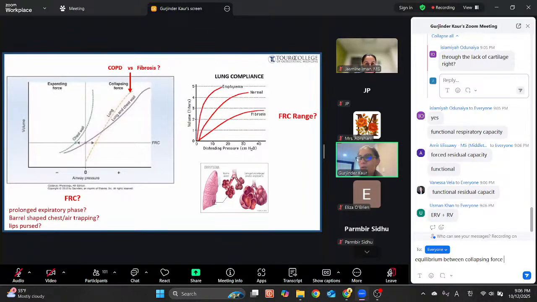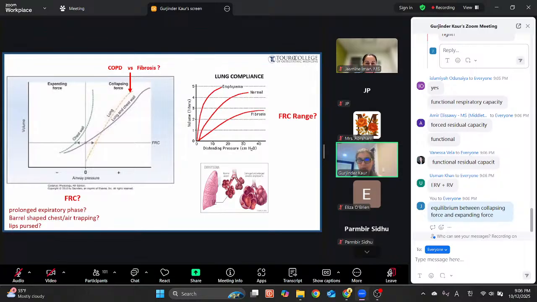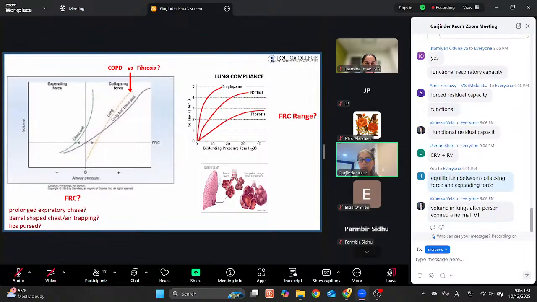Oh, Usman has already given us the answer. This is basically your expiratory reserve volume and your residual volume. They both stay in your lungs, right? So depending on how good the compliance is, your FRC will be changing. That is the whole point. So if there is any pathology going on in the lungs, the FRC will be changing.